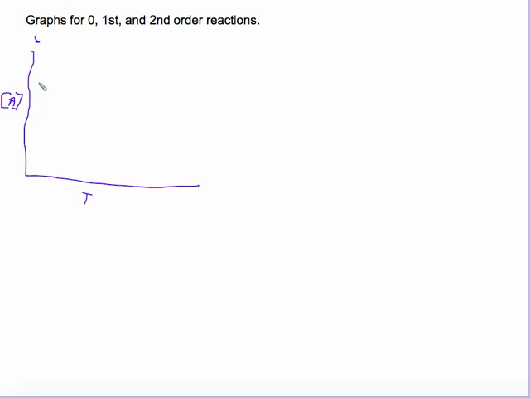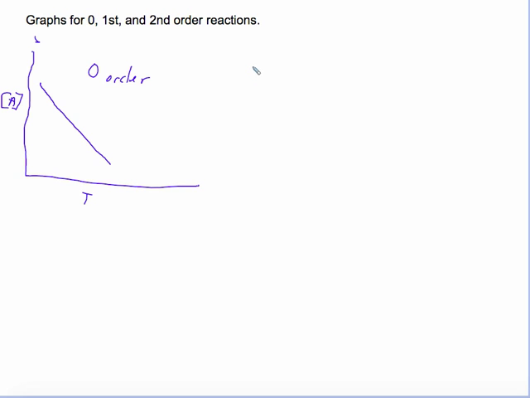And if that concentration of substance A over time makes a straight line, then you know that it's zero order. If a concentration of A over time is a straight line, then it's zero order.